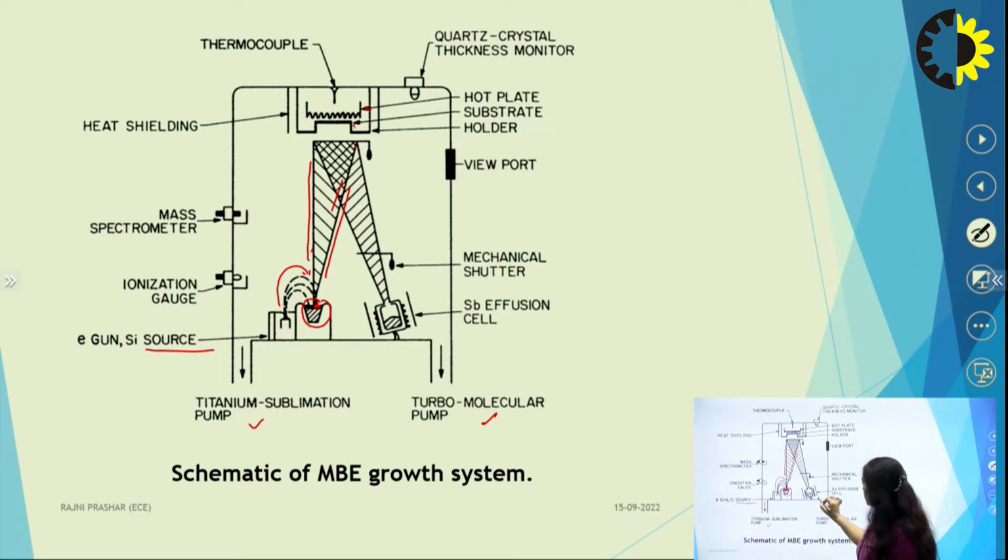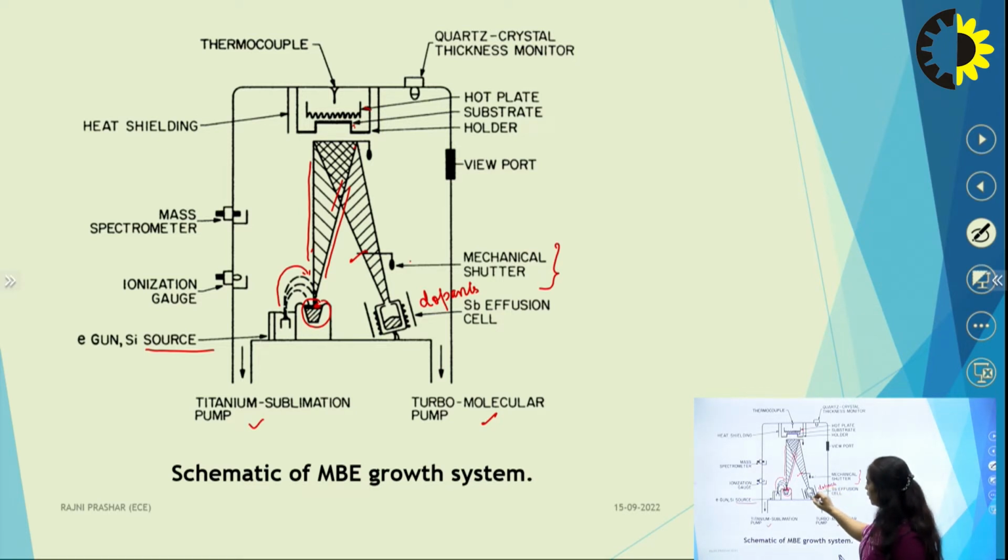Okay, so on this side we have the dopants, and some mechanical shutters will be there. These shutters are generally controlled with the help of microprocessors. So depending upon your requirement and the designer's requirement, these mechanical shutters will be opened and closed.